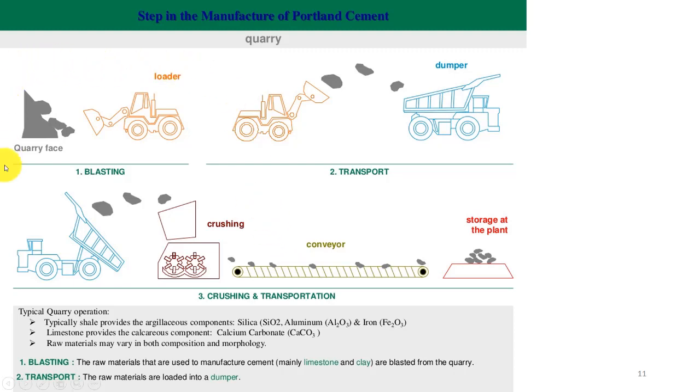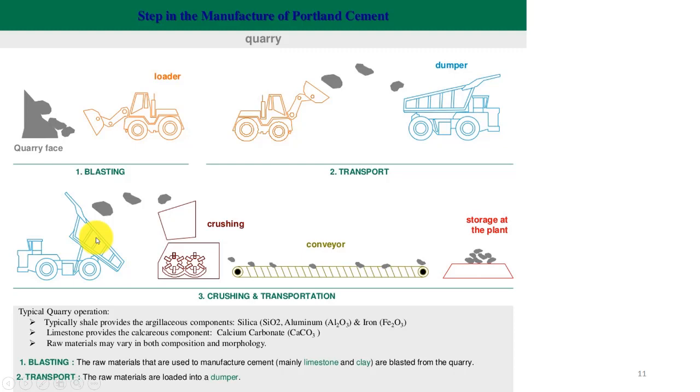We do the quarrying, extracting the materials by blasting at the quarry site or by some other mechanical means. After the material in boulders is collected at the quarry site, these materials are then transported to the cement production plant through some sort of transport.